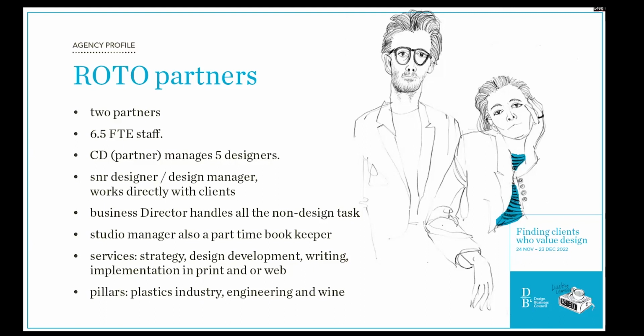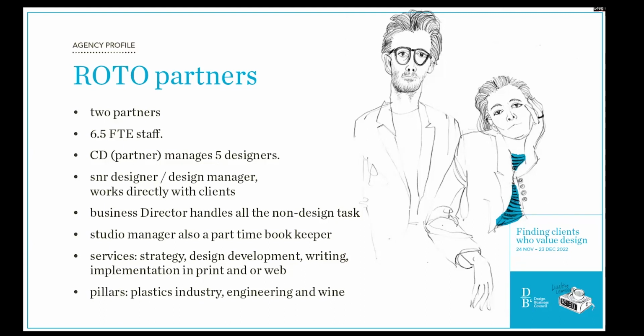So Roto's got 2 partners, plus 6.5 full-time equivalent staff. The creative director is a partner and manages 5 designers. There's a senior designer who's also a design manager, a client service type person working directly with clients, a business director who handles all of the new business development, a lot of client servicing, and all the non-design tasks in the business.